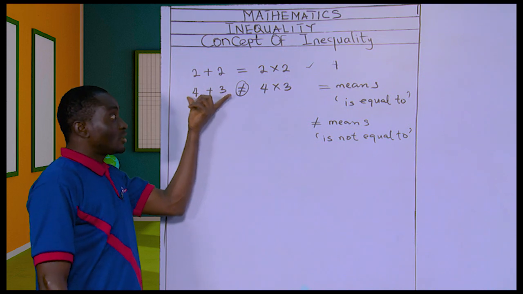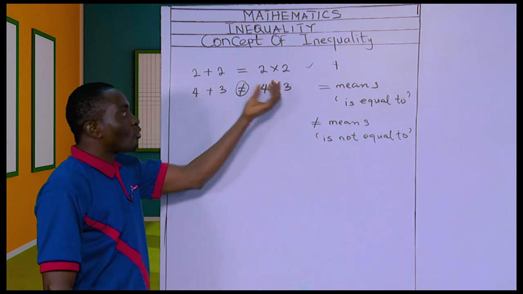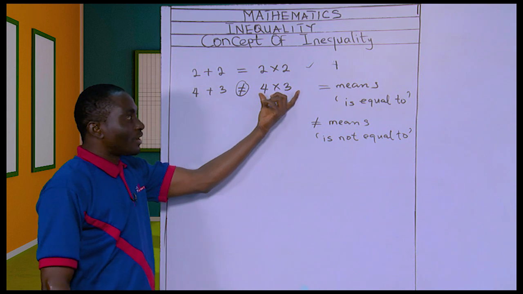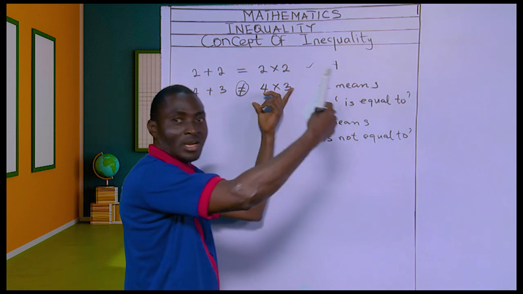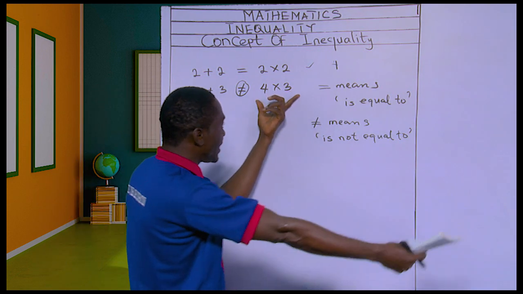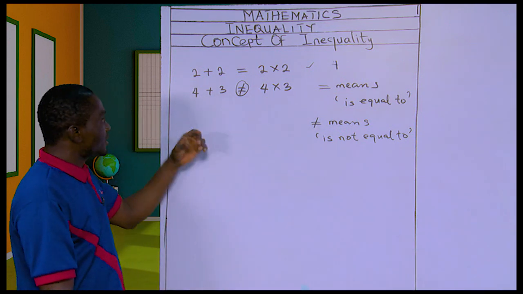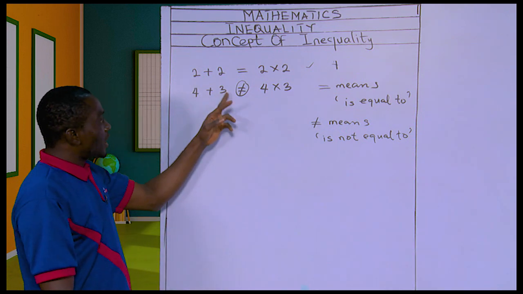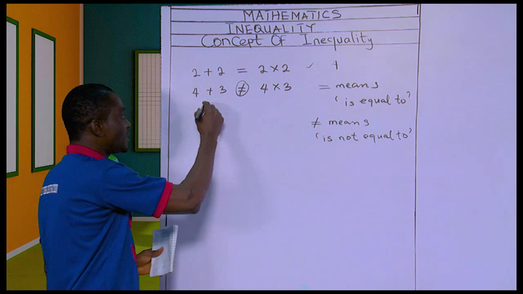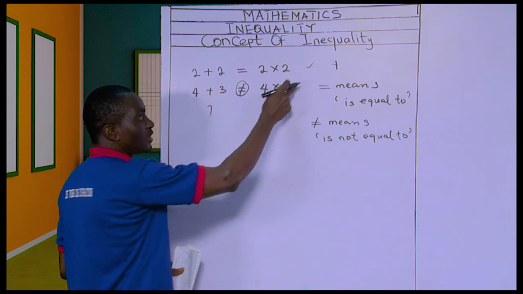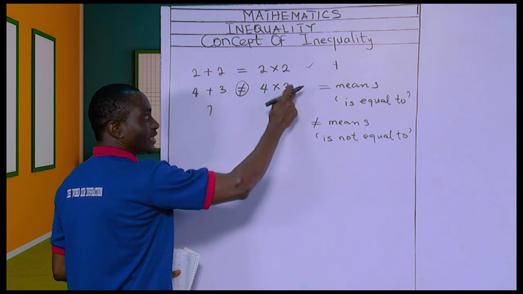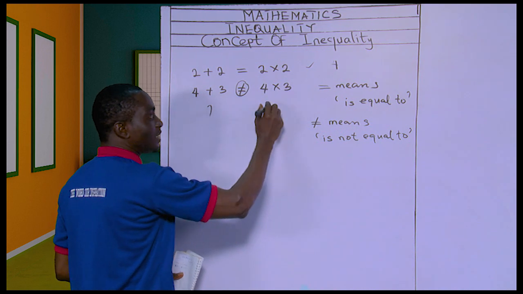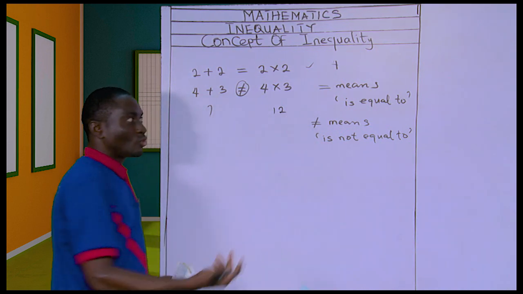So the expression on the left hand side is not equal to the expression on the right hand side. Let's look at it. The sum of 4 and 3 gives 7. The product of 4 and 3, that is 4 multiplied by 3, gives 12.